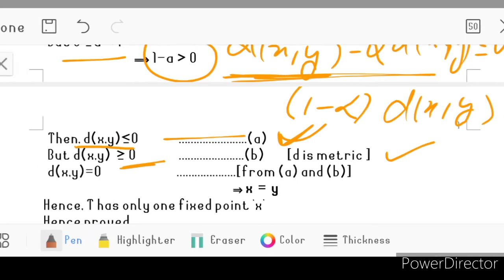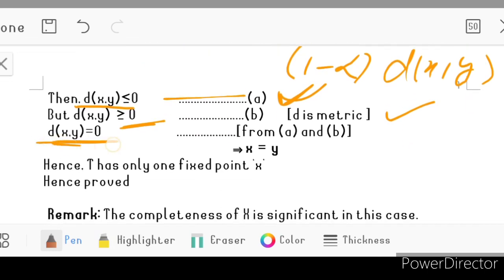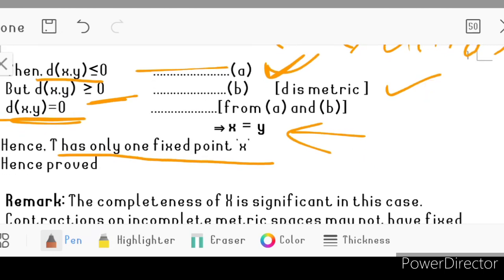It is neither greater than 0 nor less than 0, it is exactly equal to 0. And if the distance between x and y is 0, that means both points are equal. So x is equal to y. Hence T has only one fixed point x, and that is unique.